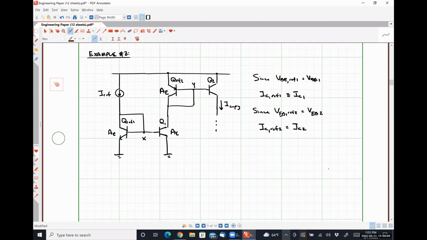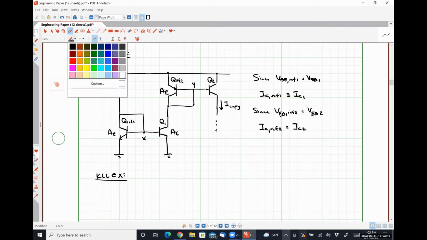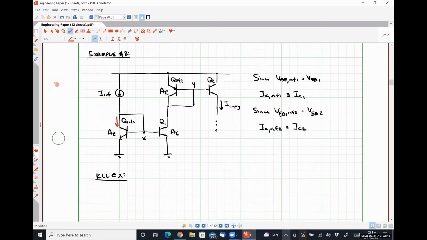All right, so if we apply KCL at node X, what we are going to have is this current, which is IC ref 1, is leaving. This current, which is IB ref 1, is leaving.